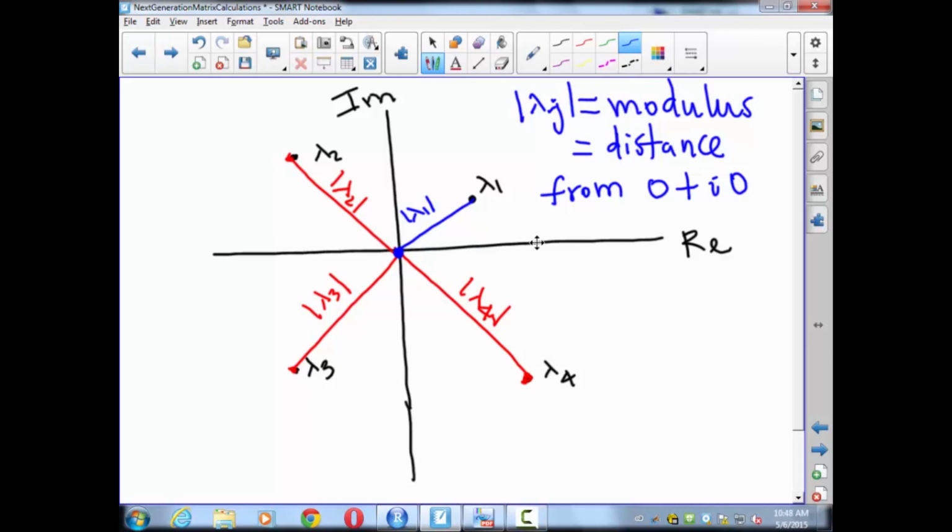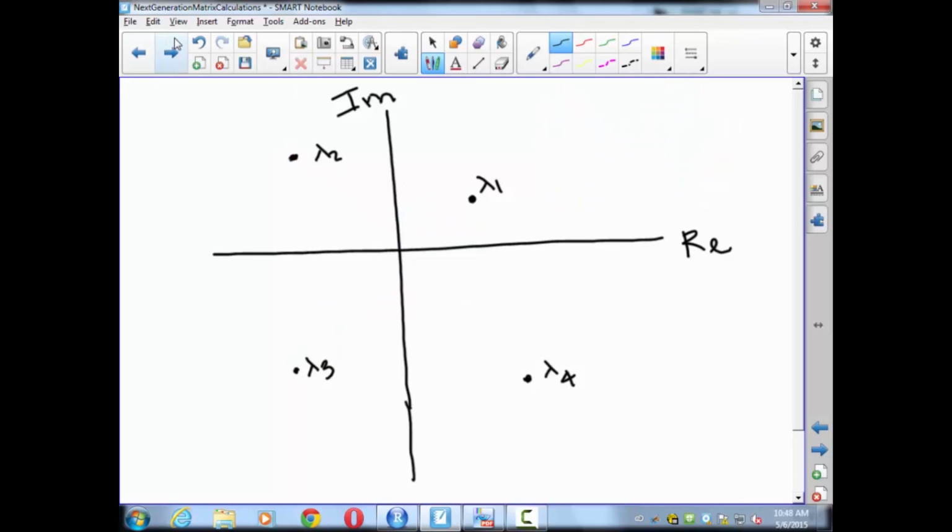And in this case, according to my sketch here, that eigenvalue would be lambda 4. So this distance here, even though it looks very similar to the distance of lambda 2 and lambda 3, this distance for lambda 4 is largest. Okay, that distance is largest. That's going to be important. So lambda 4 has, in this pictorial representation, the largest distance of the 4.